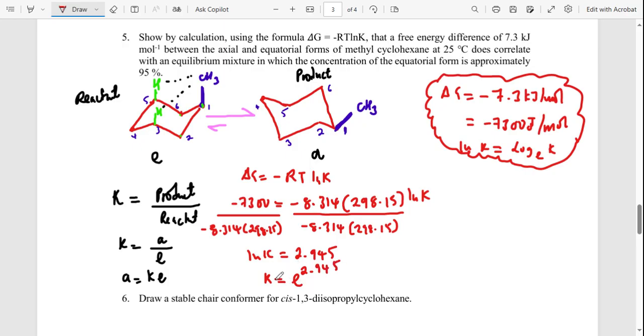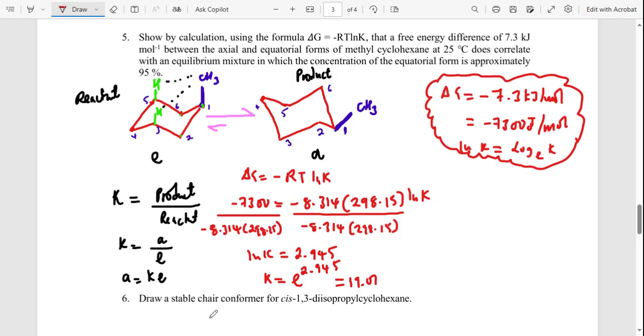The way you punch this on your calculator is to press shift, then press natural log, where E is, and E will show. Then just type 2.945. Don't put a power of 2.945. If the E is showing on your calculator, type 2.945 and then press answer. That is going to give you 19.01.